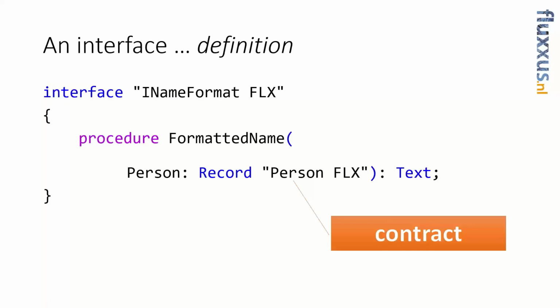And one implementation could return only the second name or the last name, whatever we want to call it, the family name. And another implementation could return the first name, probably not that relevant, but we could have an implementation called full name, which will then give the first name and the last name, or even more extended.